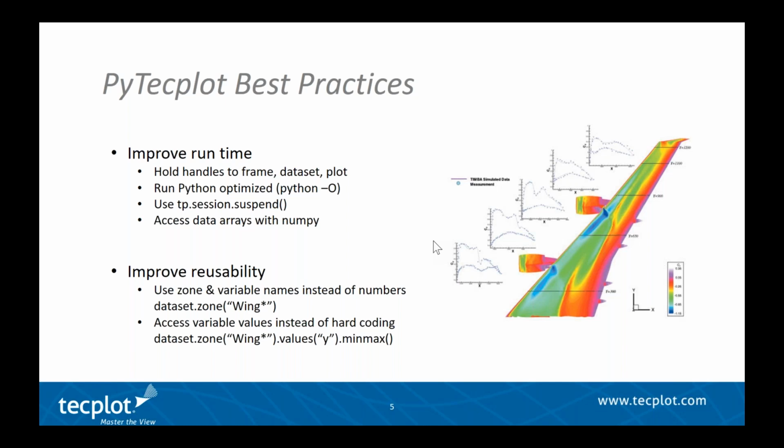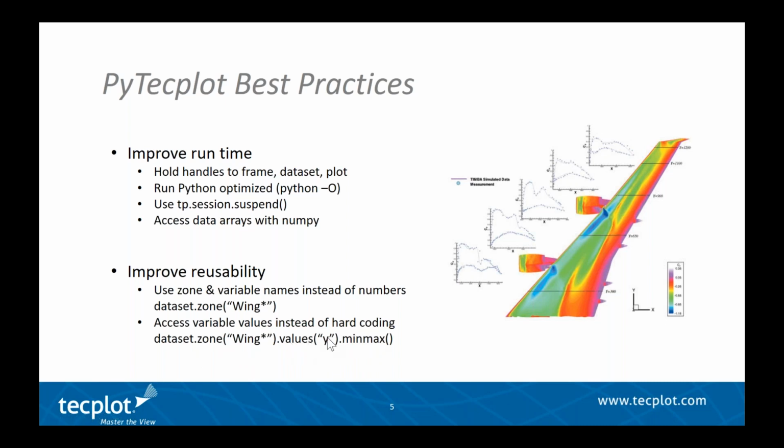To improve reusability of your scripts, instead of using variable numbers and zone numbers, you can use variable names and zone names. So in this case, we can access the wing zone by using wing with a wildcard, wing star. Same sort of thing with variables. So here I'm asking for the y values from the wing zone. I'm asking for the min max of y, and we'll show you how to use this.